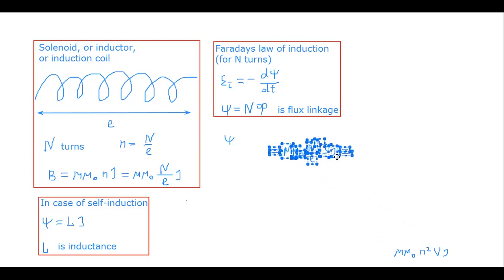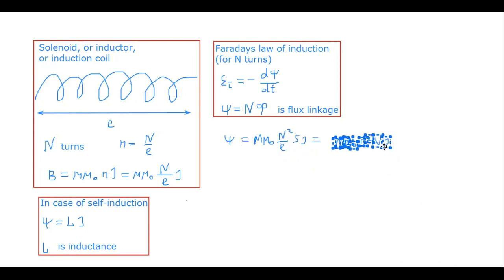So we have obtained that inside solenoid we have flux linkage that can be found by this formula.